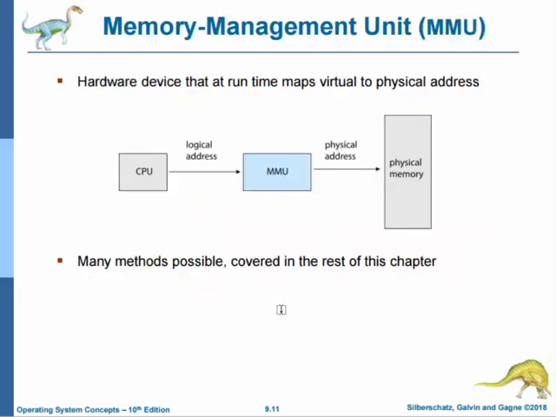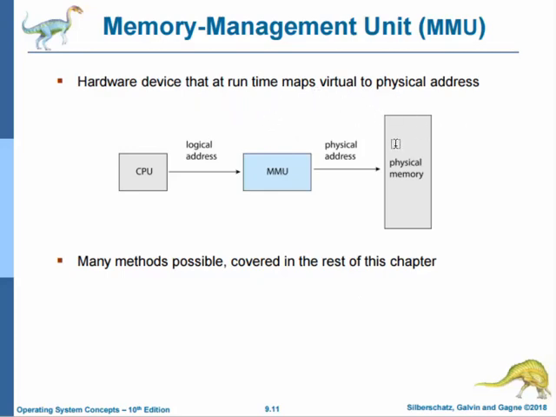Now, inside the computer system, we have what we call the memory management unit. The function of the memory management unit is to map virtual to physical addresses at run time.